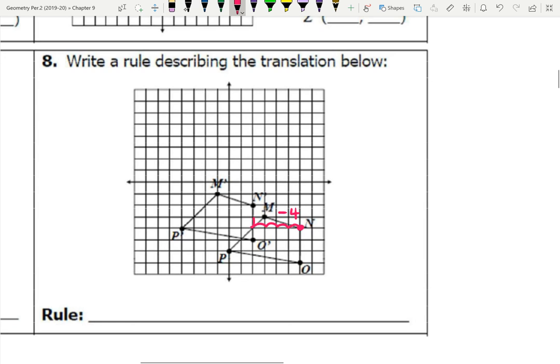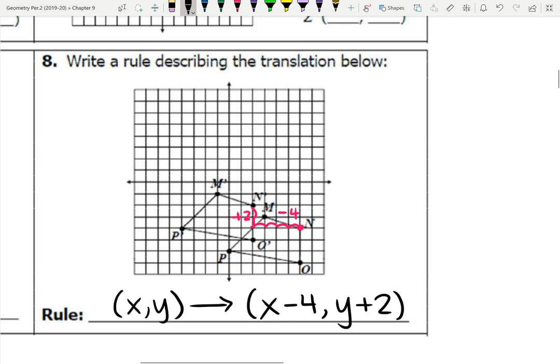And then up 1, 2 spaces. So that's a positive 2. So my rule, my symbolic form, should be x comma y, arrow, and the new coordinates: x moved 4 spaces left, so that's a minus 4, and y went 2 spaces up, so that's a plus 2.